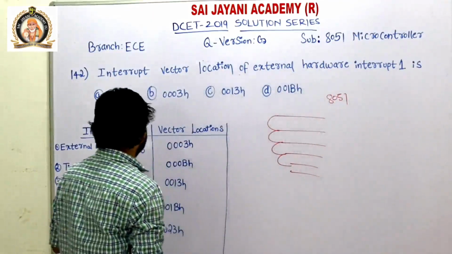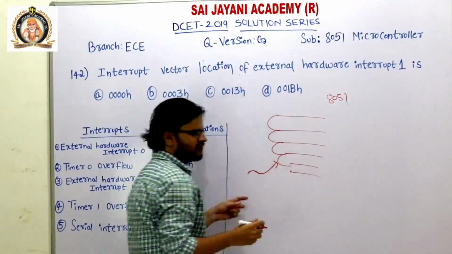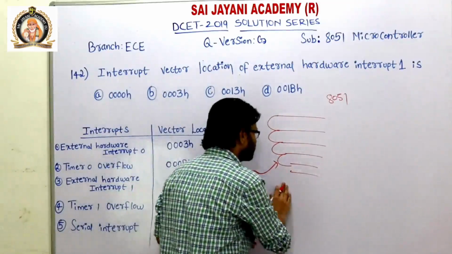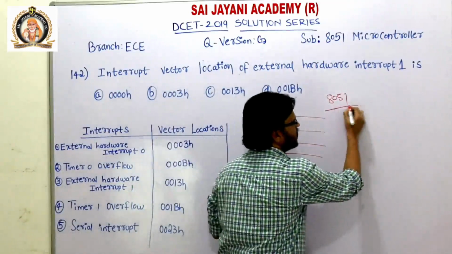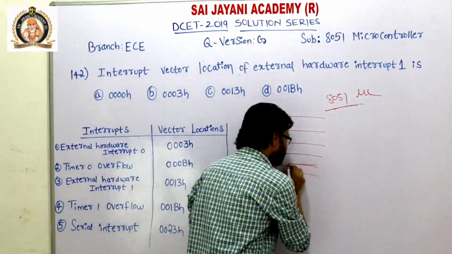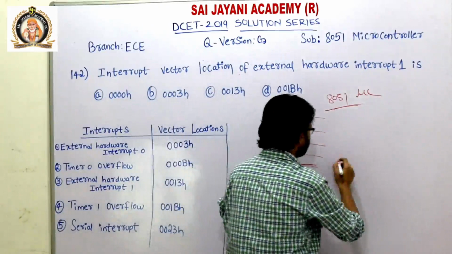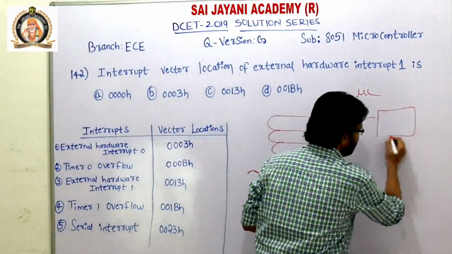When the interrupt signal occurs, the 8051 microcontroller stops the execution of the instruction, then it jumps to the interrupt vector table.